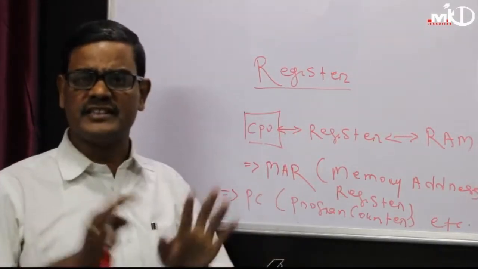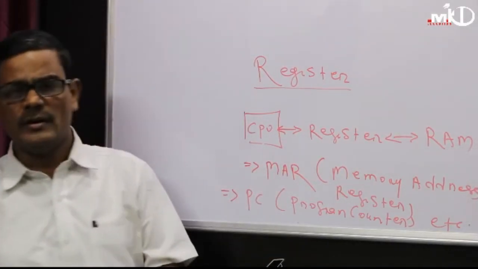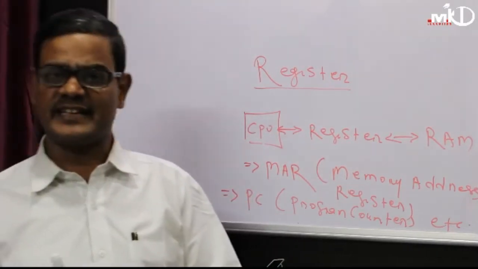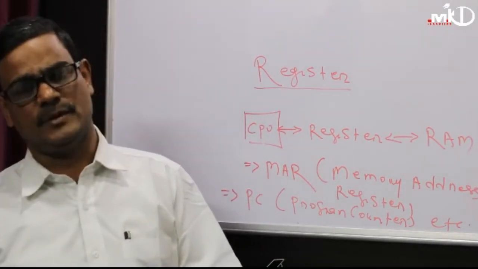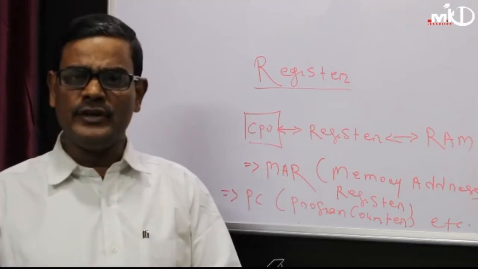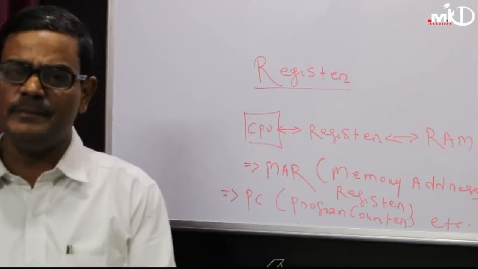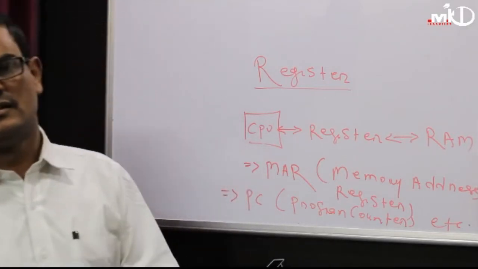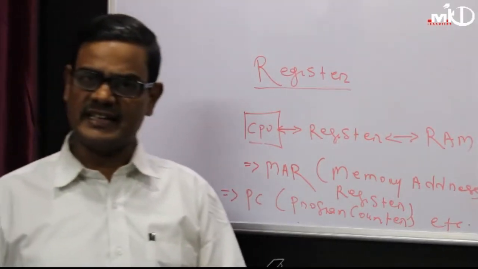Overall, if we discuss, the computer mainly uses three types of memory: the primary memory, the secondary memory, and the cache memory. Primary memory is faster than the secondary memory, but the cache memory is much faster than the RAM and the secondary memory.